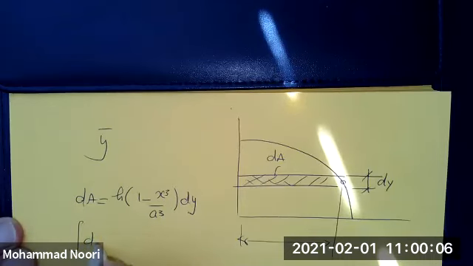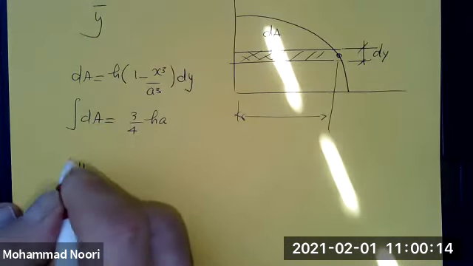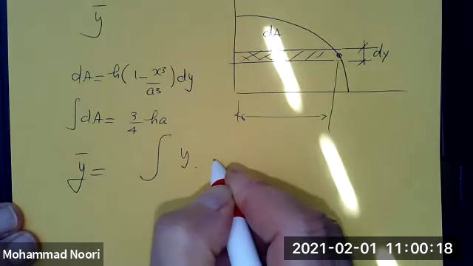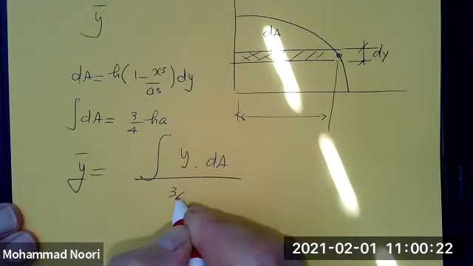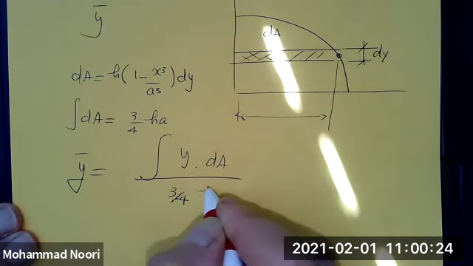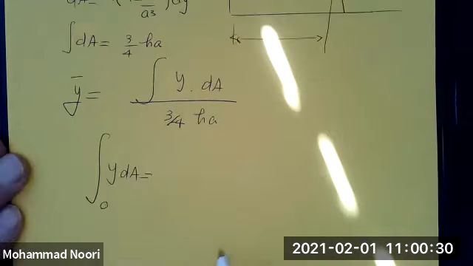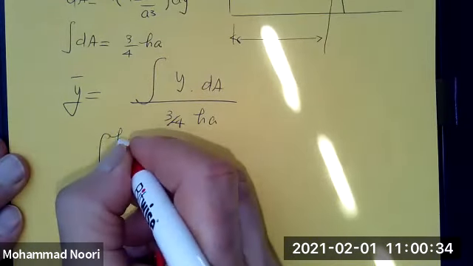Again, you don't need to evaluate this because you already have that, 3/4 of h a. So for y bar, I only need to evaluate the integral of y dA divided by 3/4 of h a, and this integral goes from 0 to h.